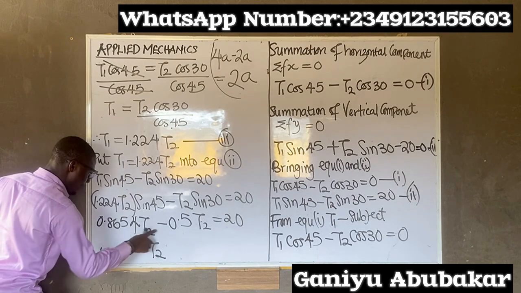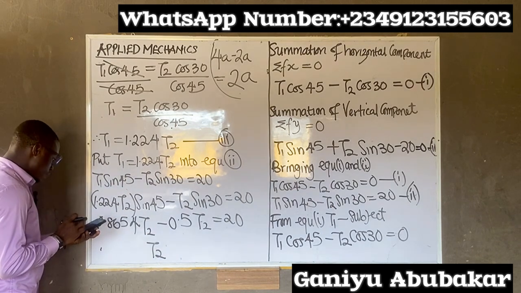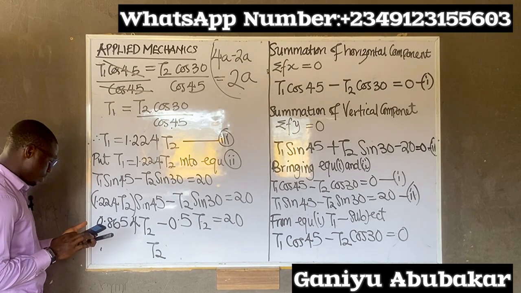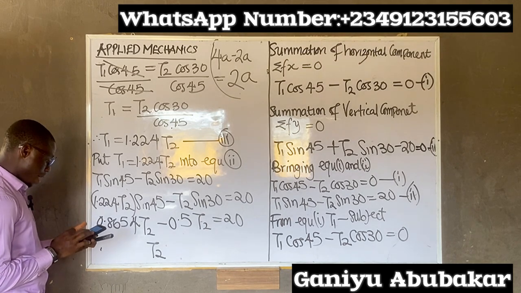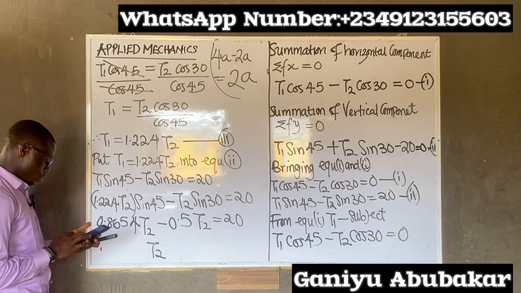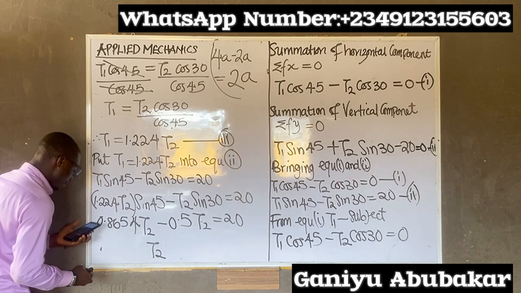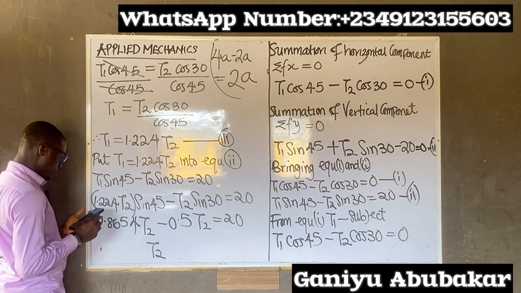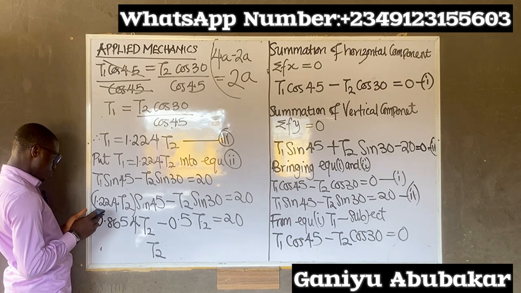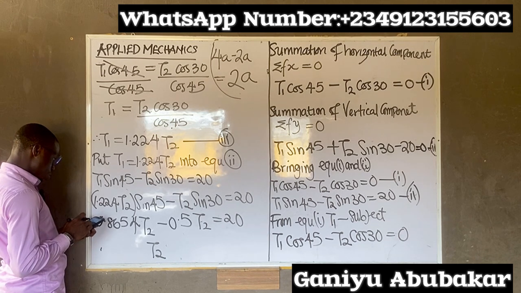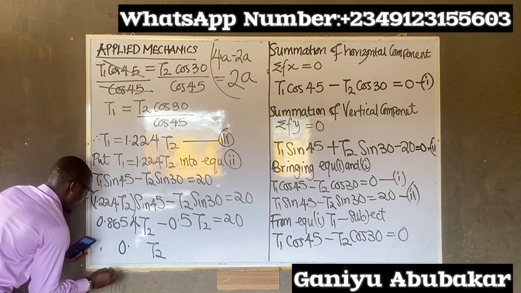Then this value minus this value: 0.8654 minus 0.5.